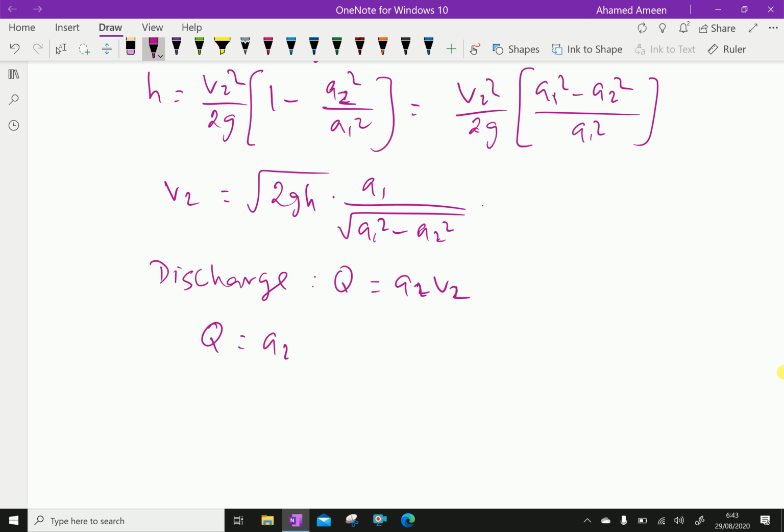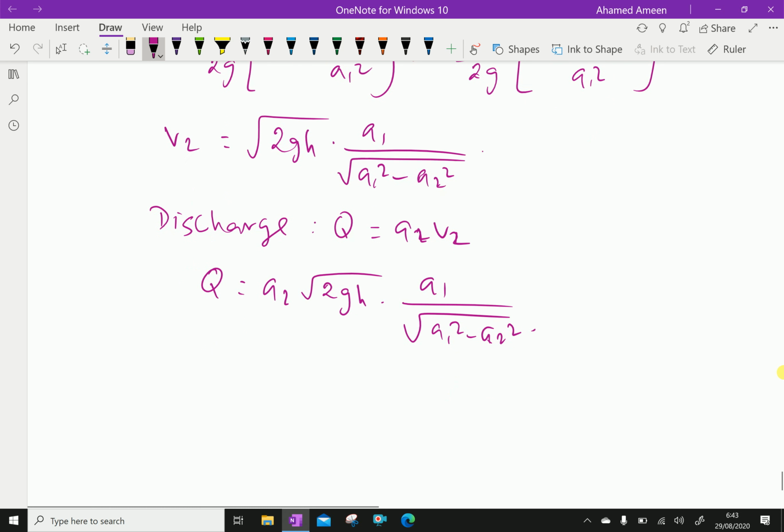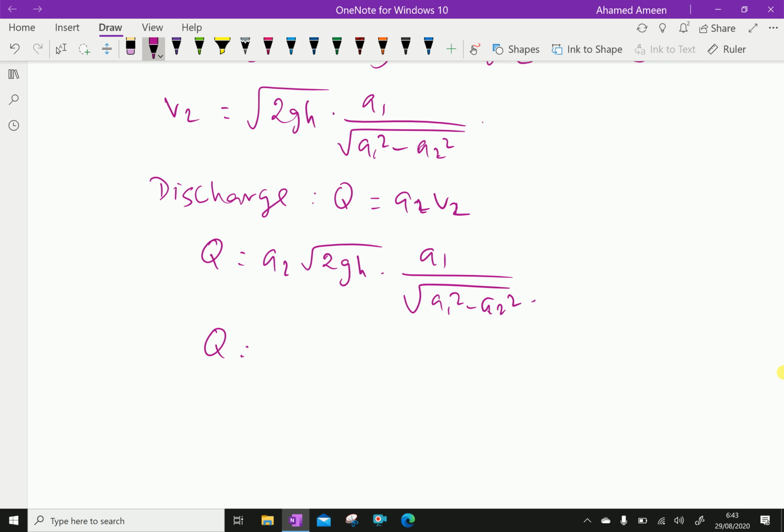Instead of V2 you can substitute root of 2gH into A1 by square root of A1 squared minus A2 squared. So therefore Q we can write as A1 A2 by square root of A1 squared minus A2 squared into square root of 2gH.